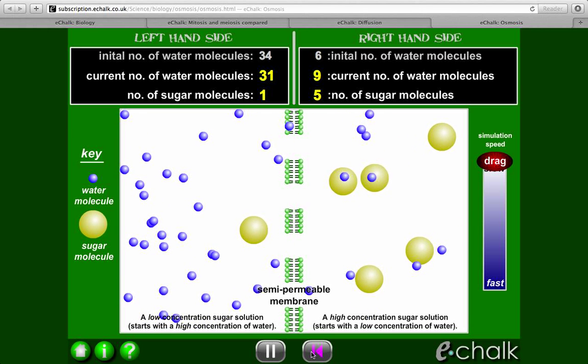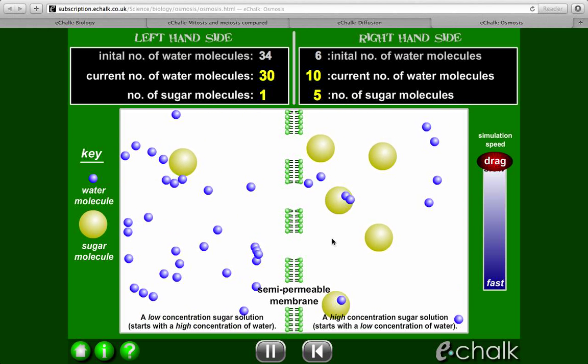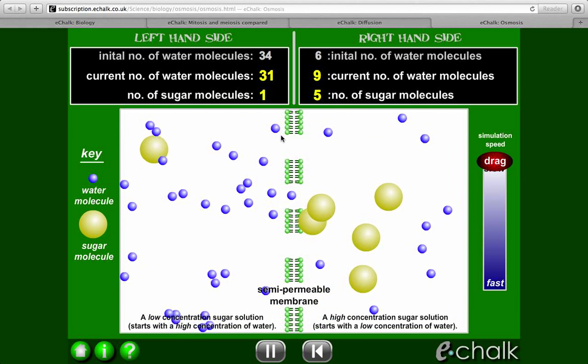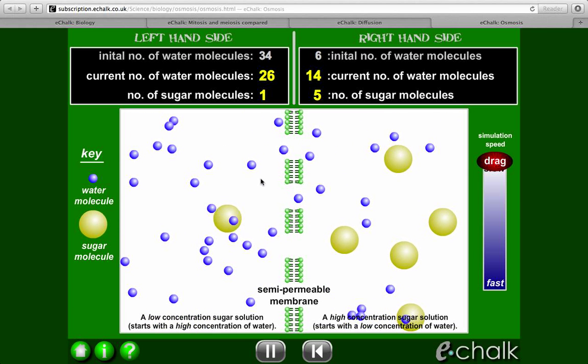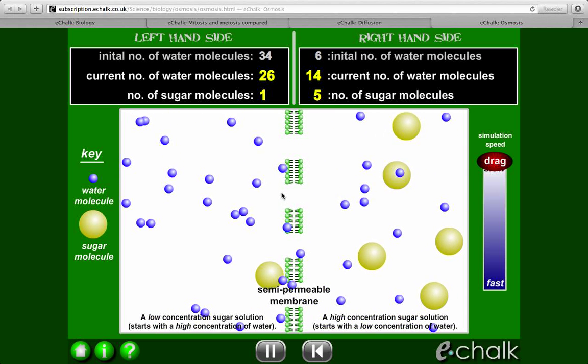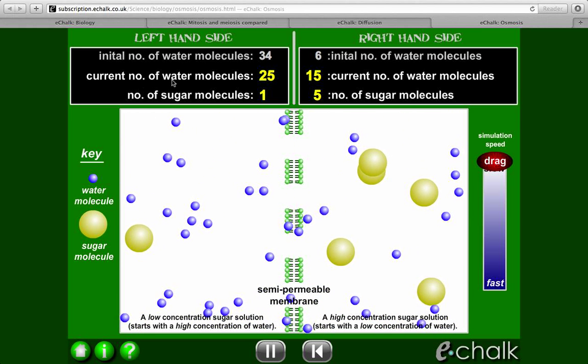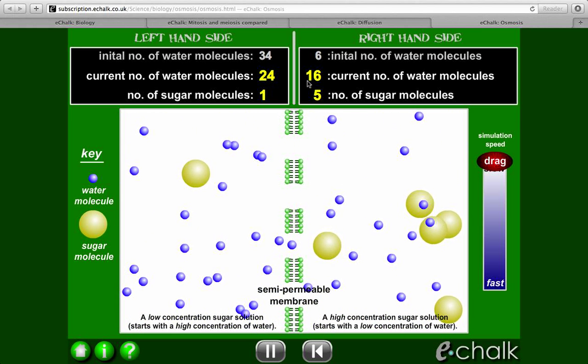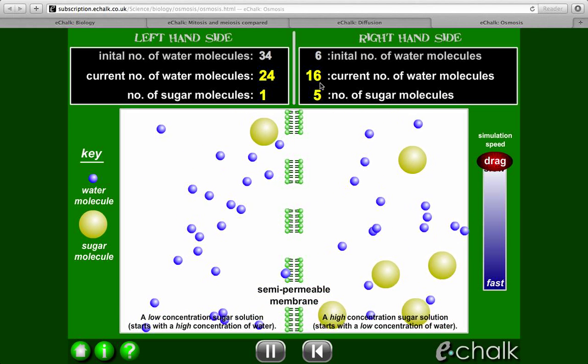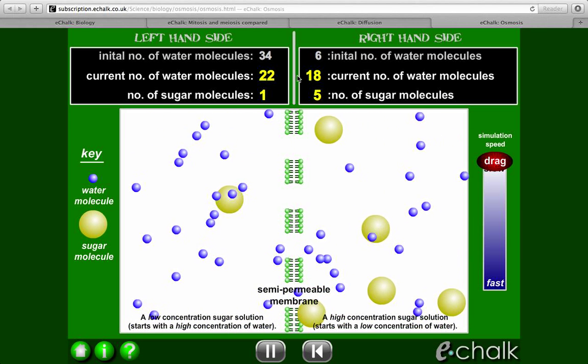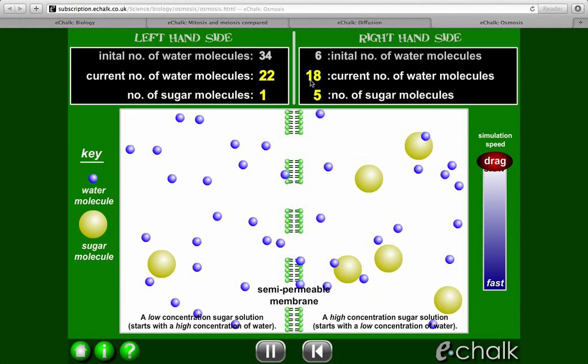Some are going through, but some hit the semi-permeable membrane as well, so it's not as if they're all trying to get through the holes. Over time, we can see here that this is currently 24/16, and this is just slowly going to equalize. This is the random movement.